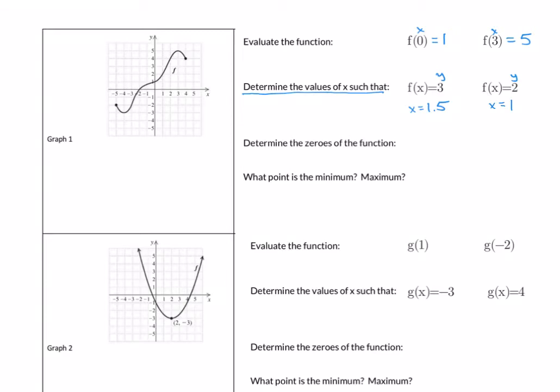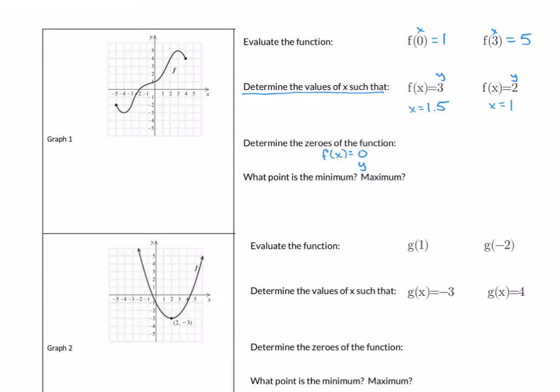The next thing we have is determine the zeros of the function. So remember again, this means f of x equals 0. This means y equals 0. So we are looking at going left or right. We are not looking at going up and down from our x-axis.